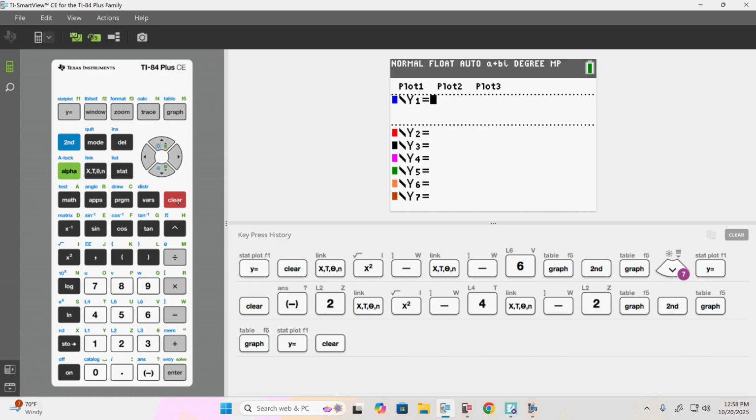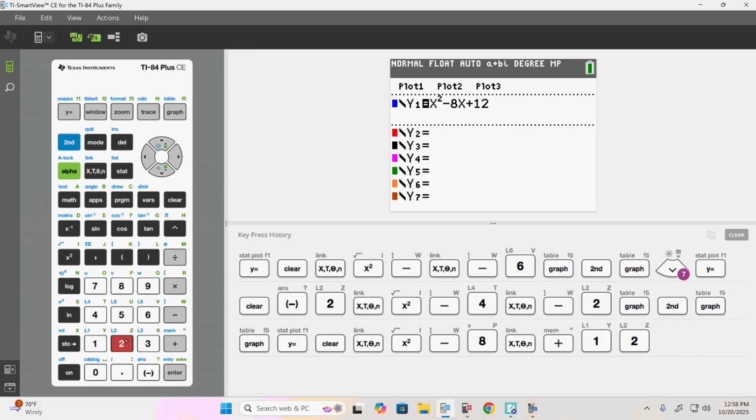We'll clear it out and we'll type in x squared minus. How do I go back to the table? Second graph. So that is the table.